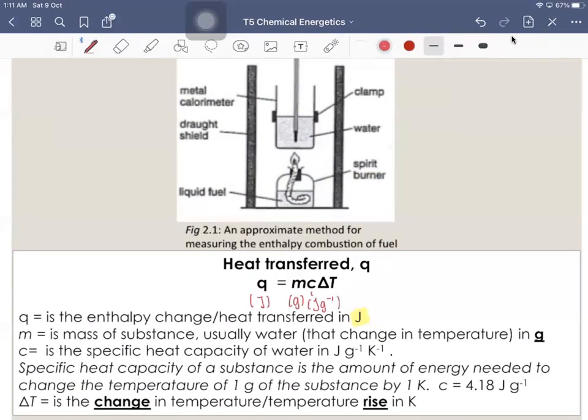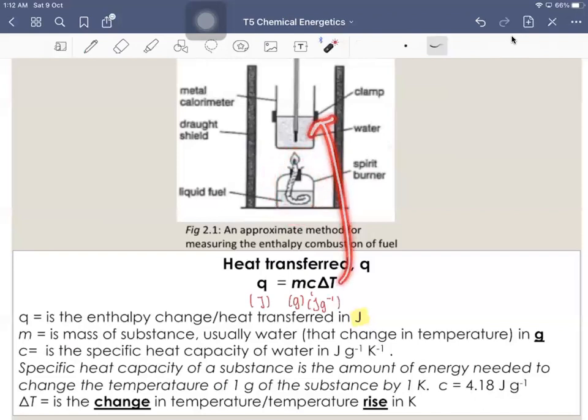Because the next one, delta T, is the change in temperature, okay? The change in temperature is referring to the temperature of water because that's where our thermometer is. I know we are interested in the combustion of ethanol, but we cannot do direct measurement on this ethanol. So we can only rely on the water, right?